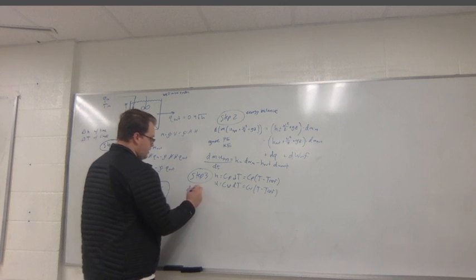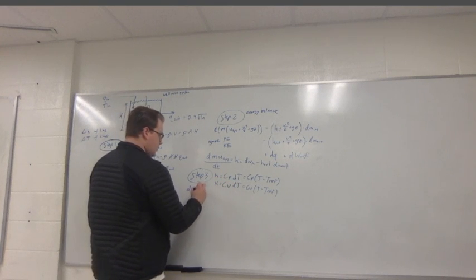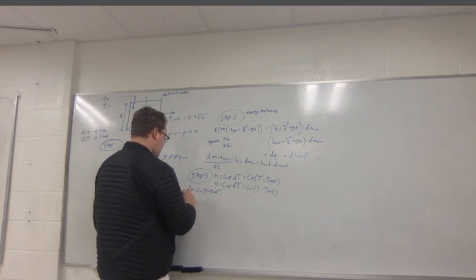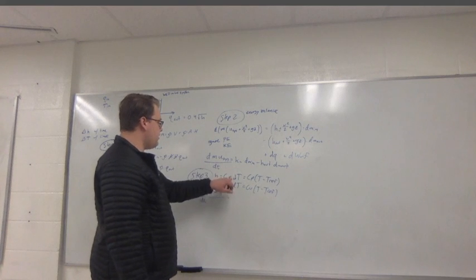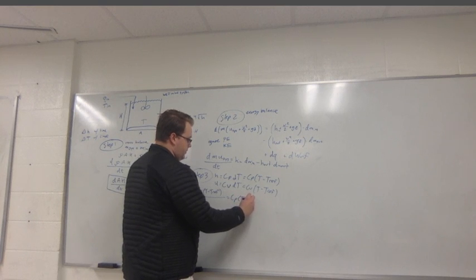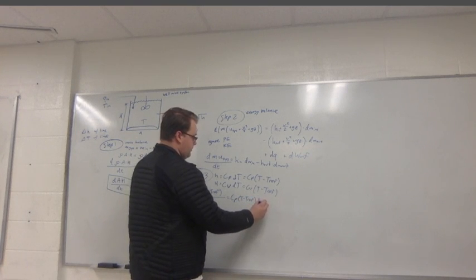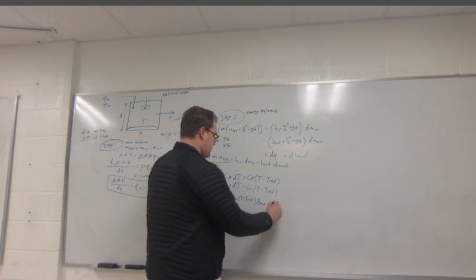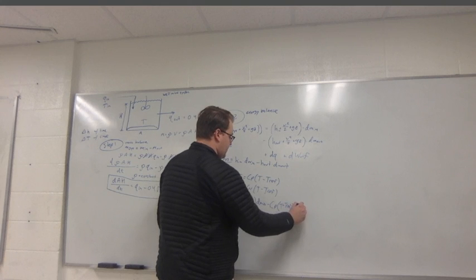Change in mass times Cv, excuse me, times temperature minus reference temperature with respect to time is equal to, and then H becomes Cp times temperature minus reference temperature times change in mass in, minus Cp times temperature minus reference temperature change in mass out.